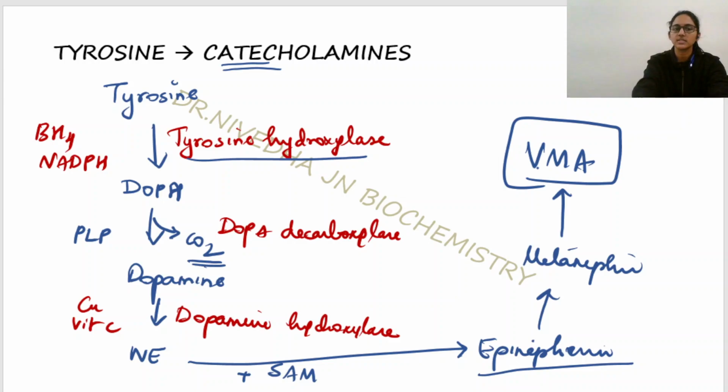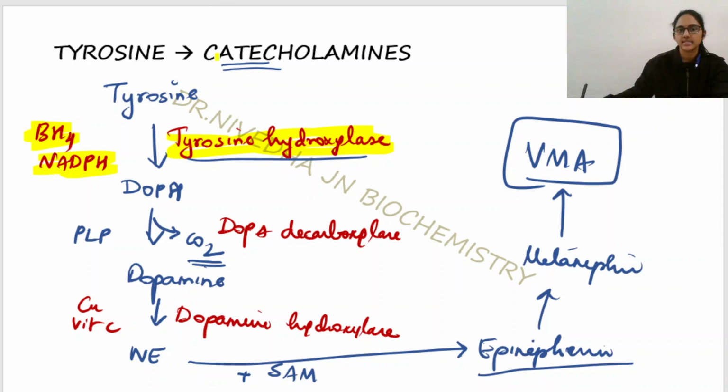Alright. Now tyrosine hydroxylase converts tyrosine to dopa. That is similar to the phenylalanine hydroxylase reaction where tetrahydrobiopterin and NADPH are required.